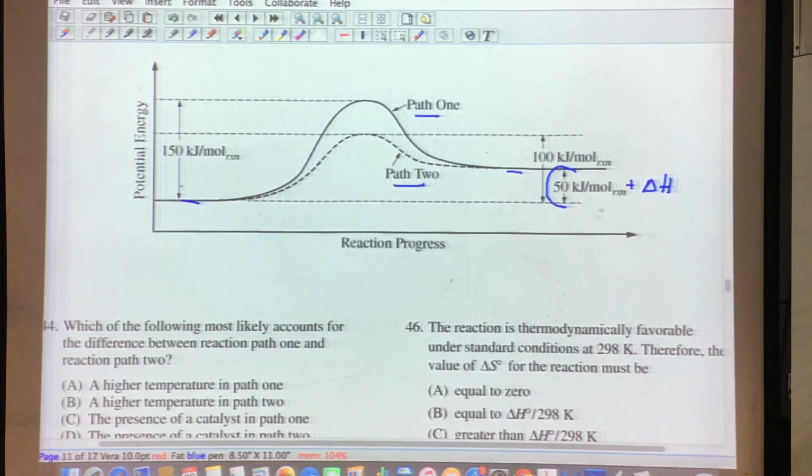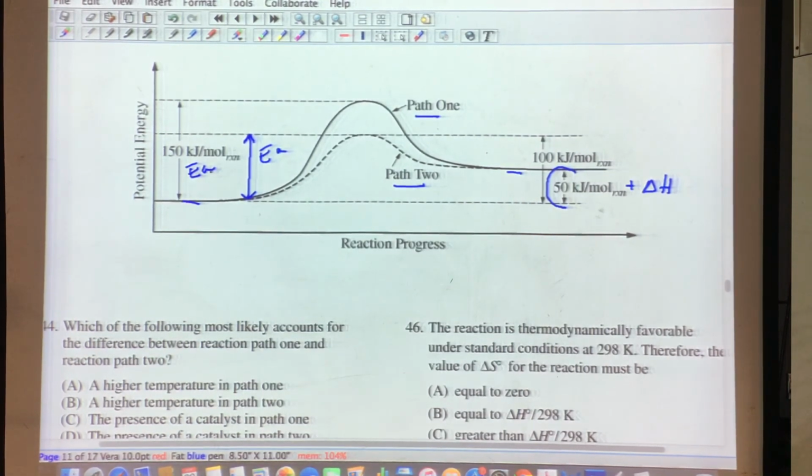This is the activation energy to overcome this barrier for the reaction to occur, and of course this lowered path is the lowered activation energy. Activation energy is labeled Ea. Use that to your advantage if you see that. It's not about temperature, because at higher temperatures more energy is available. This will happen regardless. We're lowering the energy needed to start the reaction.